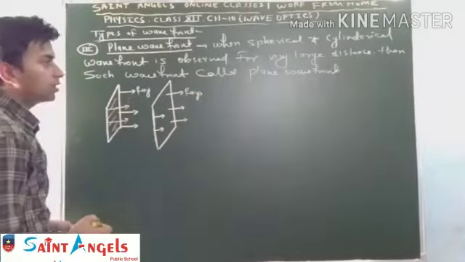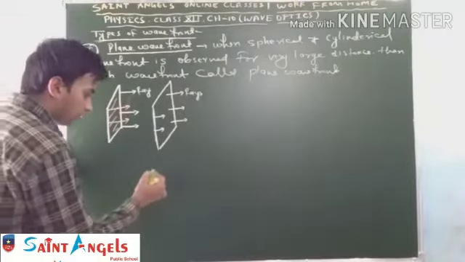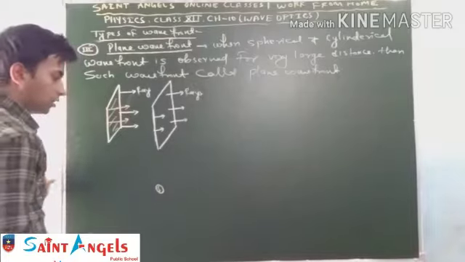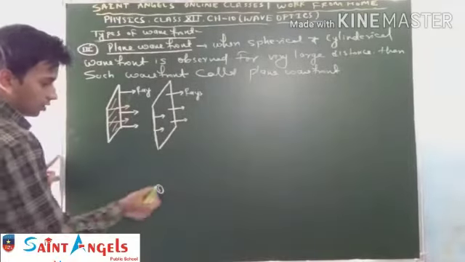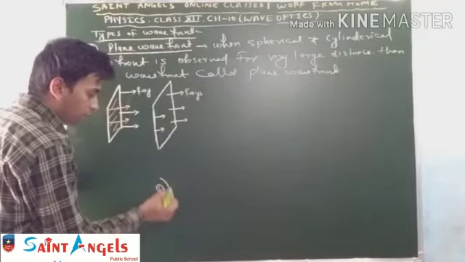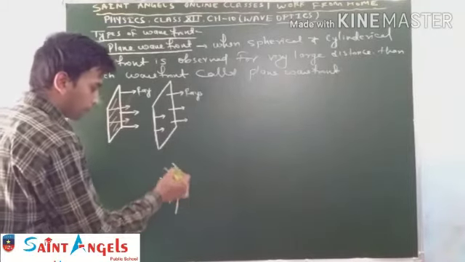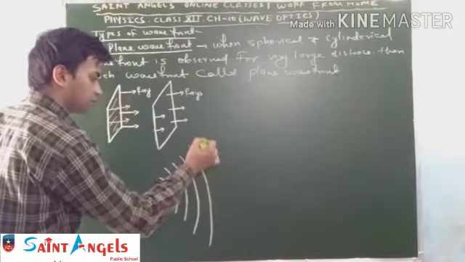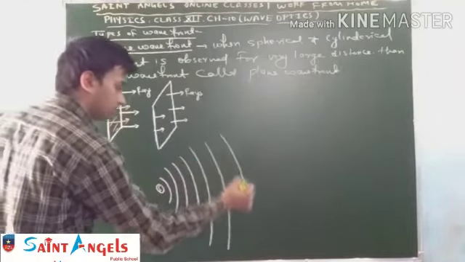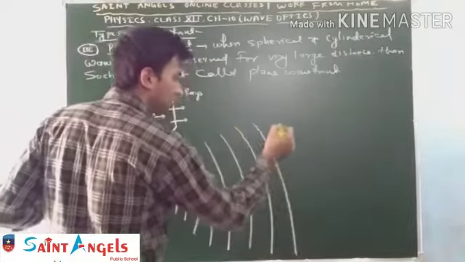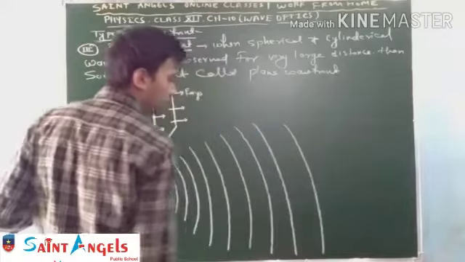Student, for a clear understanding of the plane wavefront, consider a spherical or point source of light. As we know, this is a spherical source, so it produces a spherical wavefront in this way. These are the spheres.